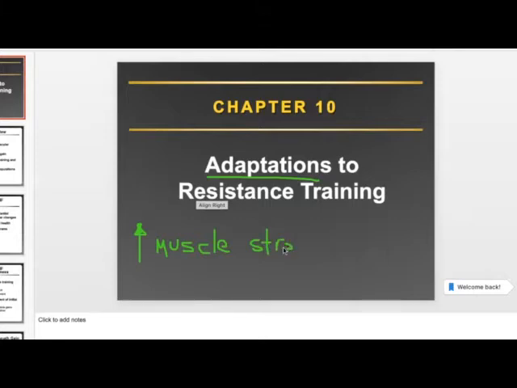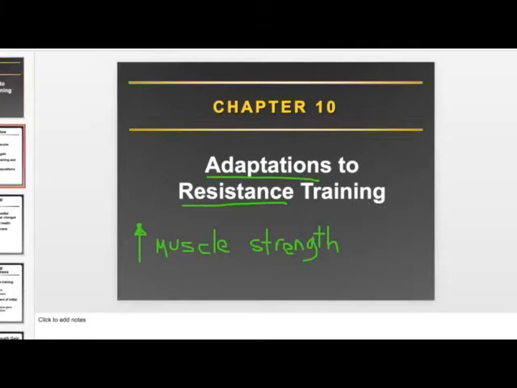Now, if you're doing endurance training, then the adaptations are not so that your muscles increase strength, but so that your muscles increase the ability to utilize oxygen. But right now, we're talking about resistance training. So the adaptations to resistance training are those needed so that you can do this activity more effectively.